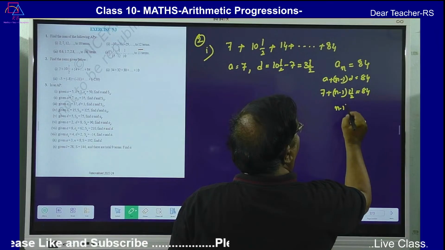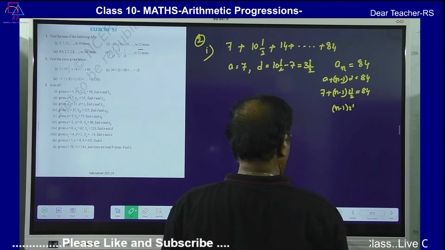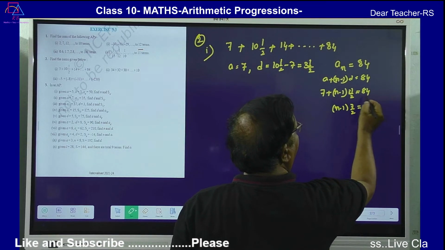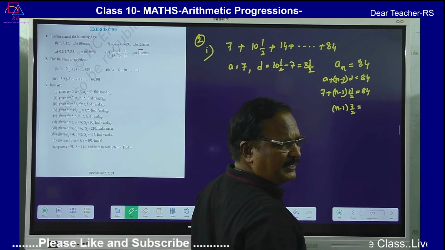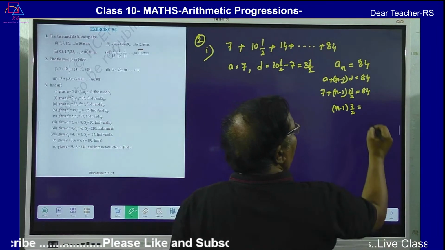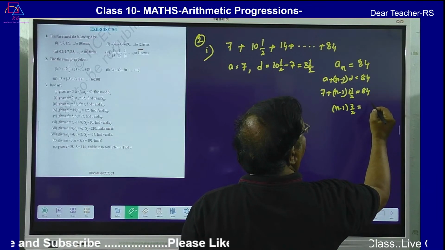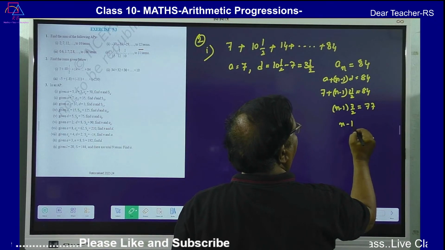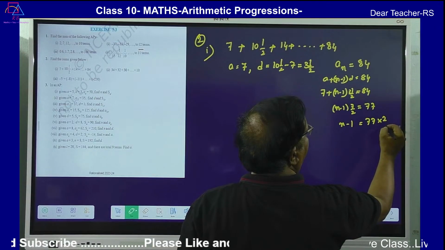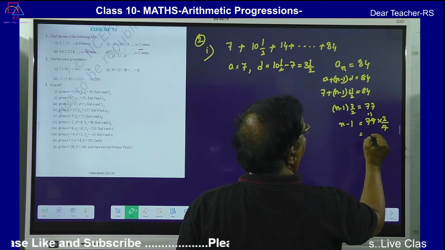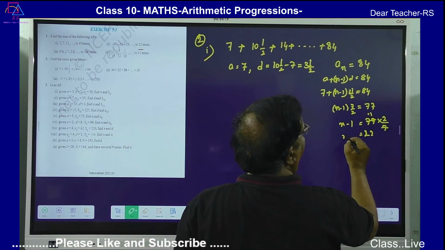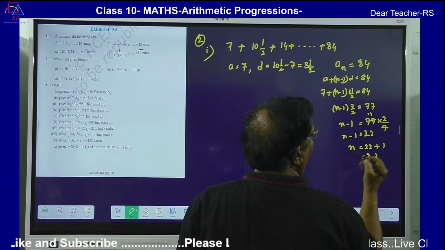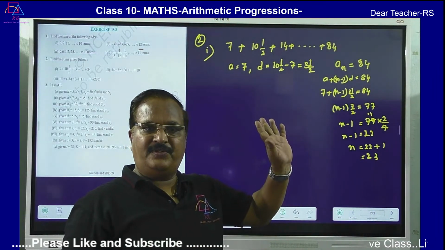So (n minus 1) into 3 and a half; 3 and a half I will write as 7 by 2, is equal to 84 minus 7. 84 minus 7 is 77. So n minus 1 is equal to 77 into 2 by 7; 7 elevens are 77, so it is 22. n is equal to 22 plus 1, 23. Okay, n is equal to 23.